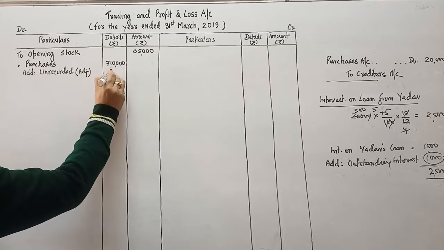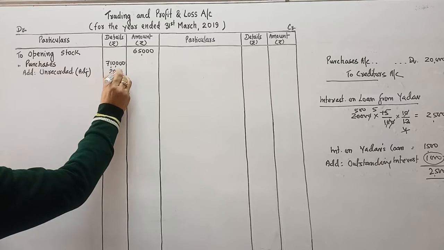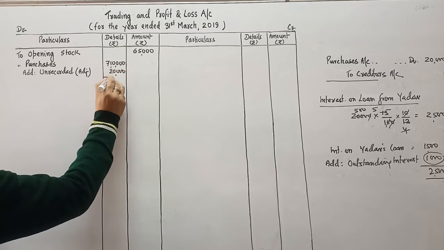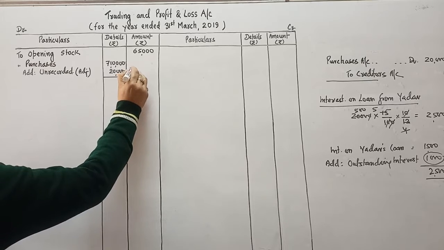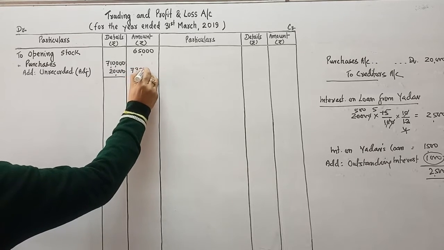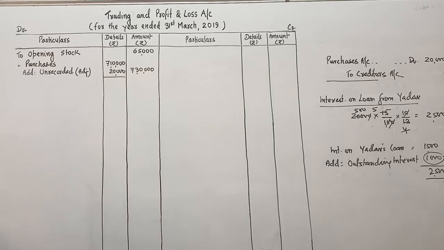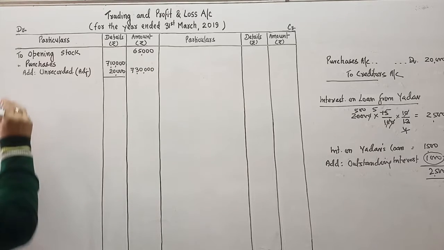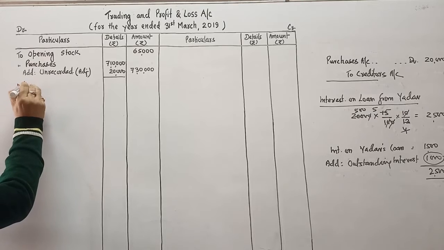So 20,000 you have purchased but not recorded in the books. So total purchase is 7,30,000.